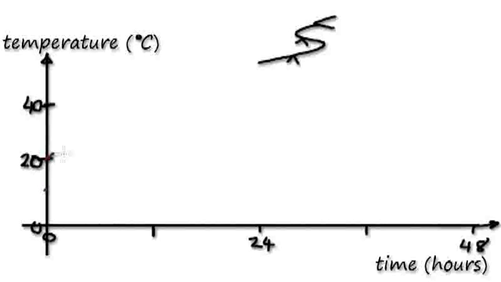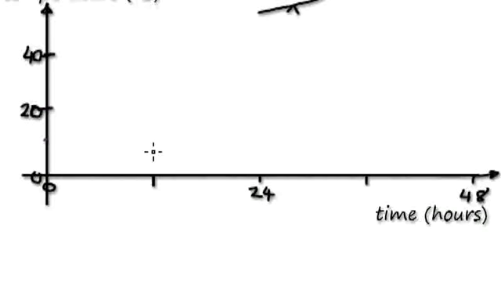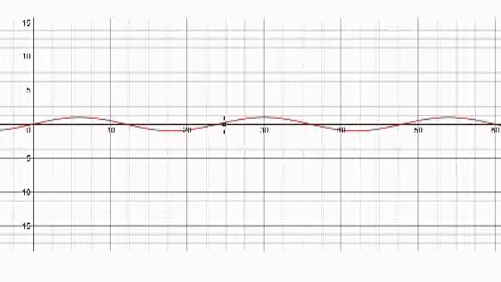So around here it will go up to 25, and then it will fall down to 15. We want to set up so it's like this. But so far we've only corrected the period of 24 hours here, which is good.